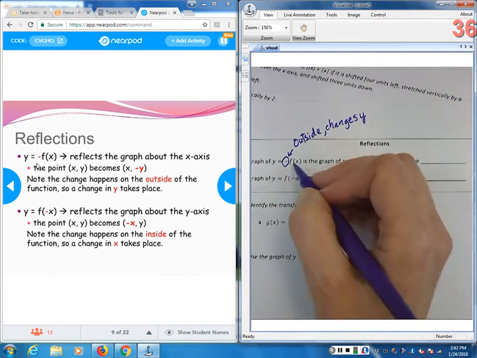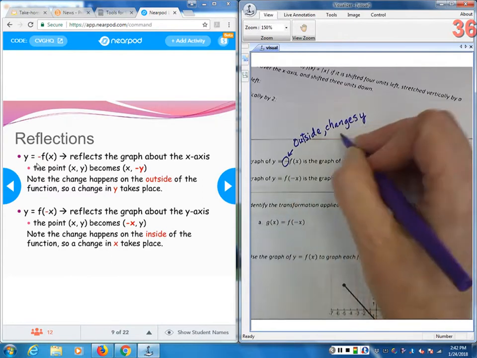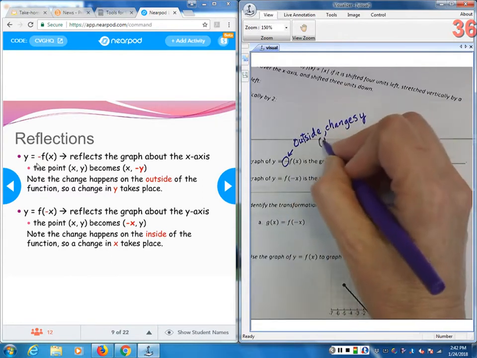Okay, but it changes the sign of every y coordinate.